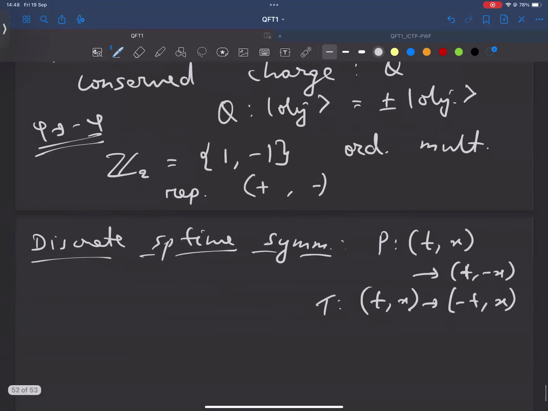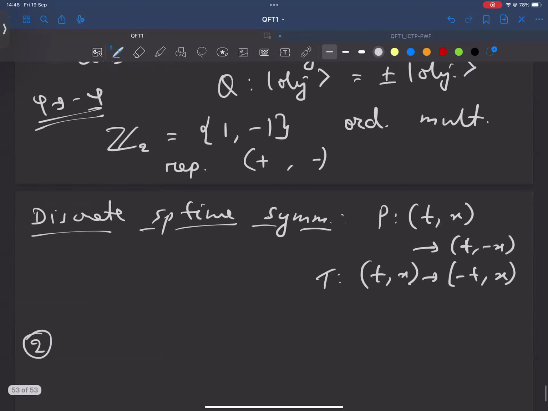So that's one thing I need to say: why Noether's theorem, though powerful, doesn't take into account discrete symmetries. The second thing that it doesn't take into account, and this is also important, the first thing is discrete symmetries, in this case space-time, but okay.